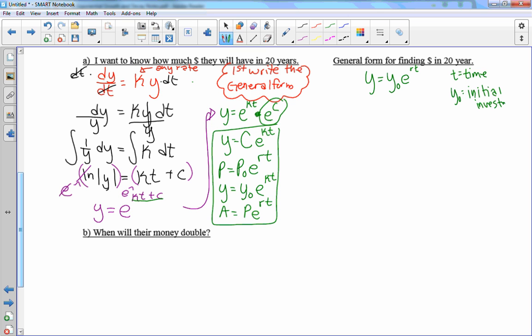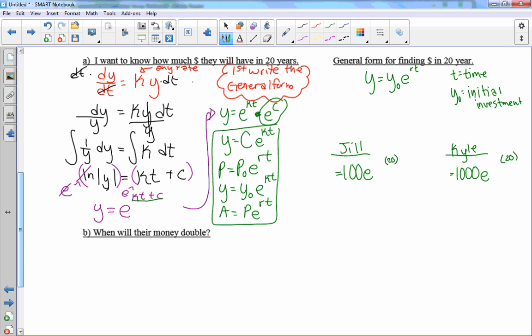So we had Jill. The initial investment was what, $100? e to the time we knew was 20. And for Kyle, the initial investment, $1,000. e to the, again, time is 20. Anything else we know?